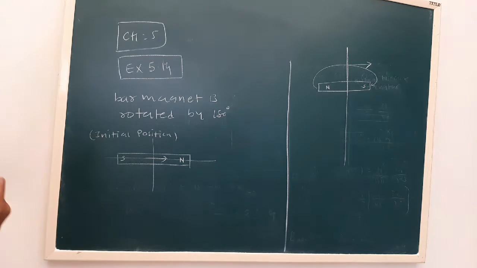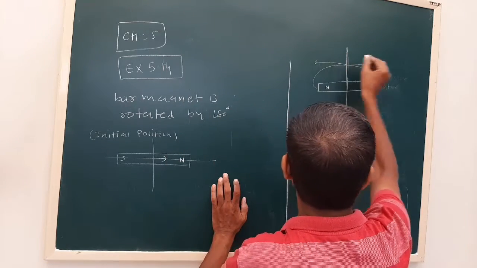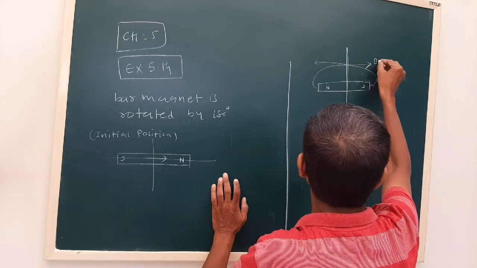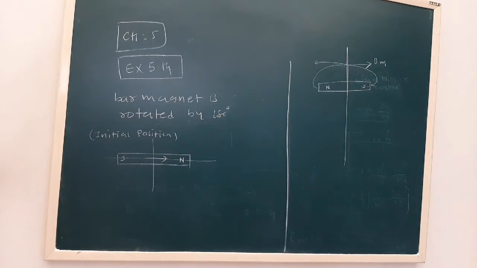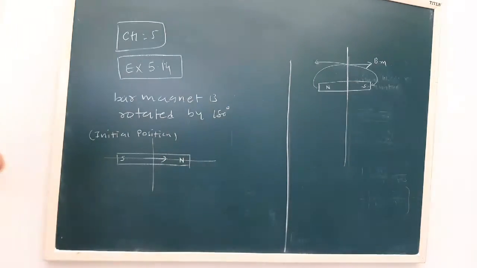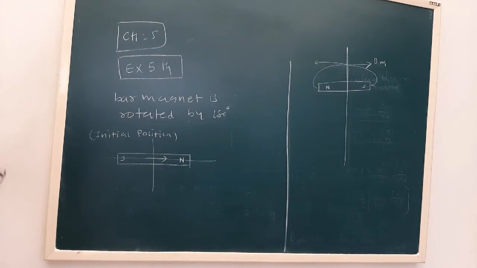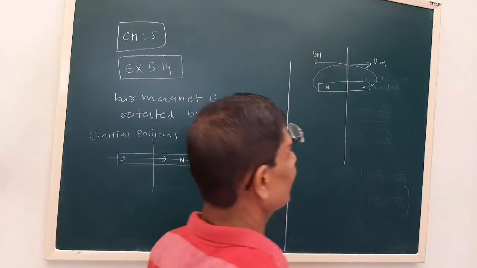So the null point will be somewhere here. The bar magnetic field is Bm, because any point on the bar magnet, the tangent drawn is in the direction of the magnetic field, and the horizontal component of the Earth's magnetic field is BH.